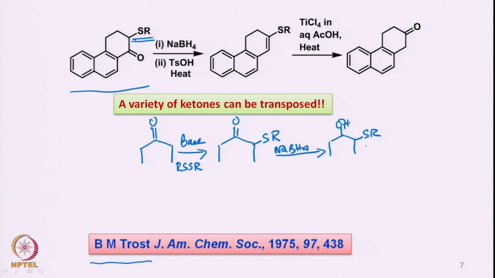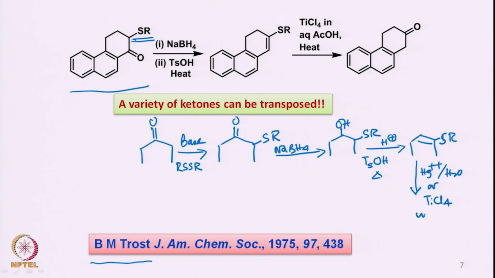and then you can eliminate it in terms of dehydration by say tosic acid, paratoluene sulfonic acid, and you heat it. So this elimination will give you this vinyl SR, and once this SR is formed, one can also do hydrolysis either by Hg++ and water, or as it is shown above, TiCl4 in acetic acid.